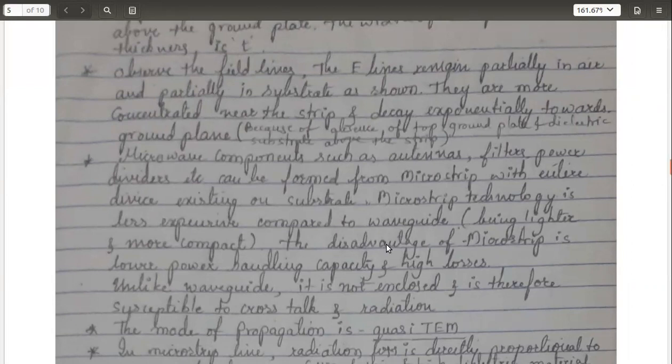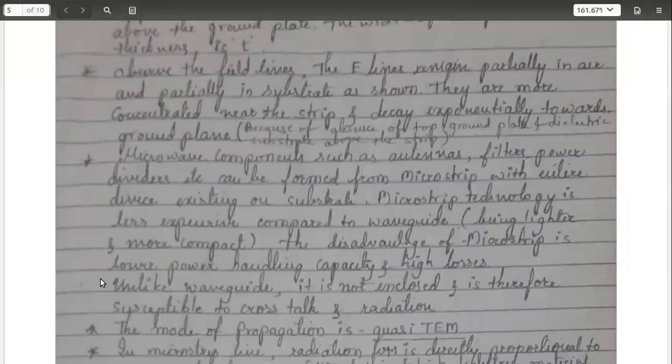It has certain disadvantages also. The disadvantage of microstrip is the lower power handling capability. You cannot go beyond a certain limit. Unlike the waveguide, it is not enclosed and is hence susceptible to crosstalk and radiation. This is one more disadvantage.